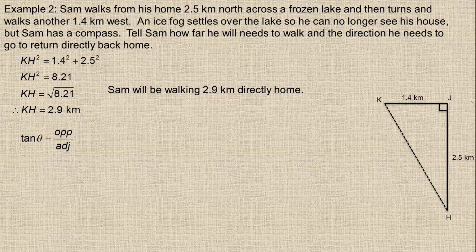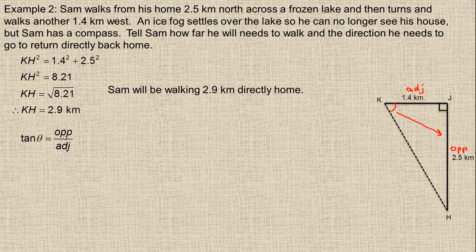In this triangle, for the K angle, this one right here, this would be the adjacent side because it's right beside the K angle, and straight out from it, the 2.5 would be the opposite side. So that's why we're using tan again.